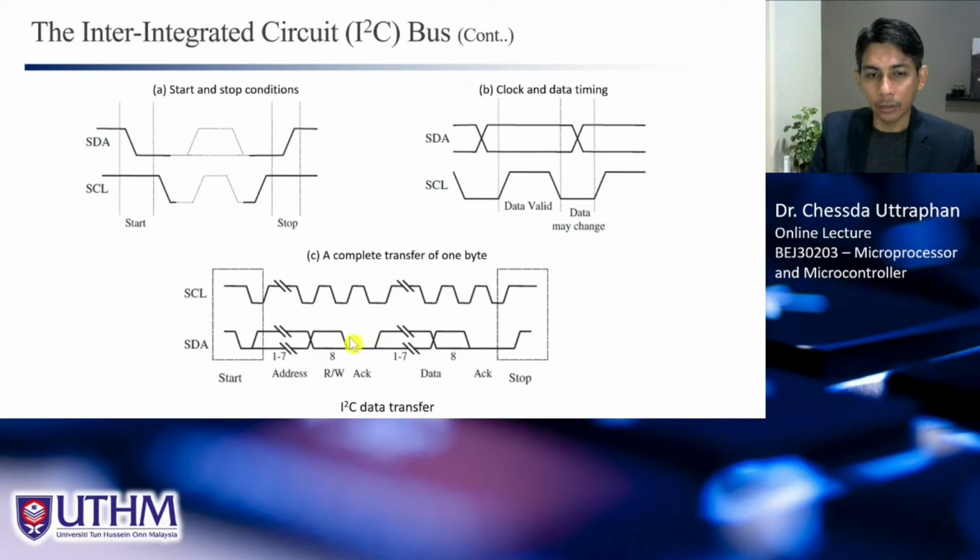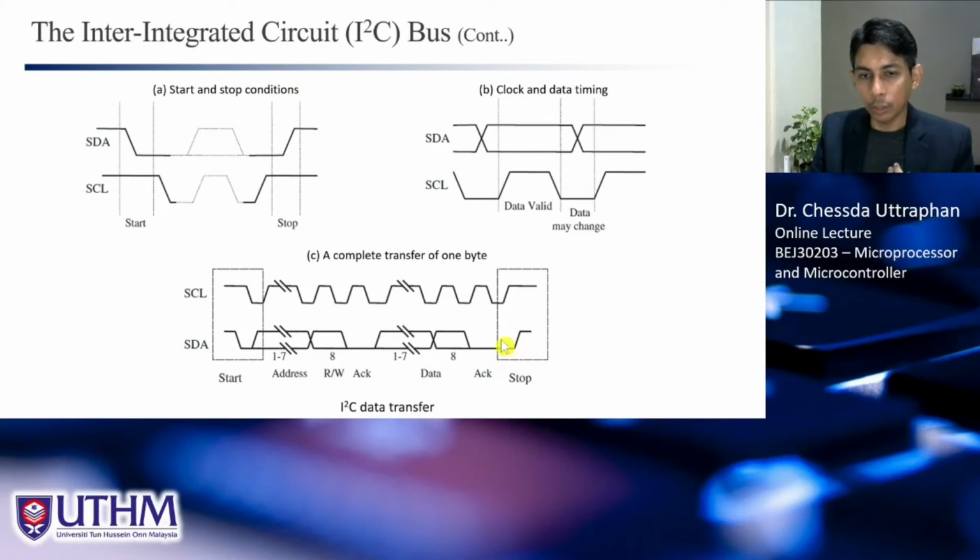And after the acknowledge, for example, we want to write the data to the peripheral. After the peripheral gives the acknowledge signal to the microcontroller, the microcontroller will send the data, which is 8-bit, and wait for the acknowledge again. And you can have another data, or you can stop the communication.